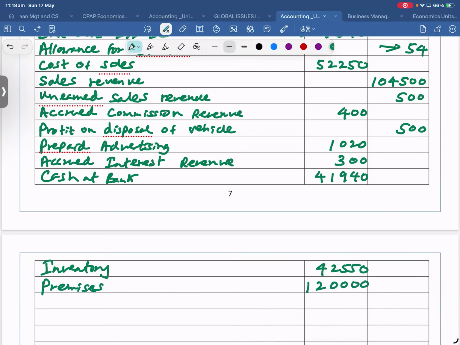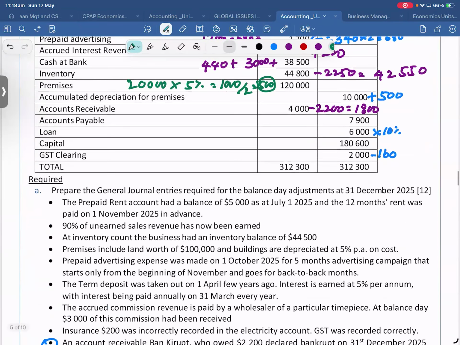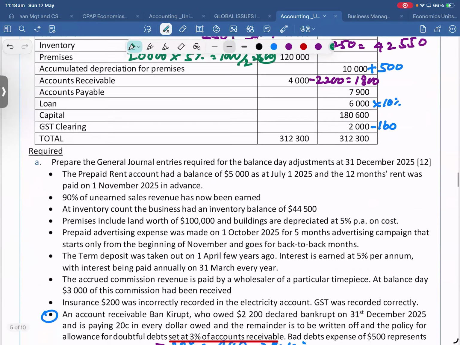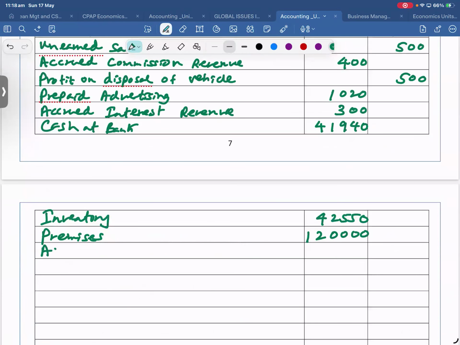Then accumulated depreciation 10,500, which is on the credit. Accounts receivable 1,800. Sorry, premises depreciated.